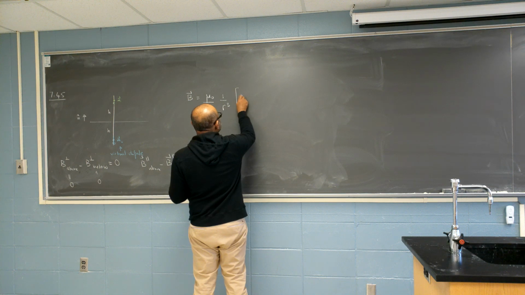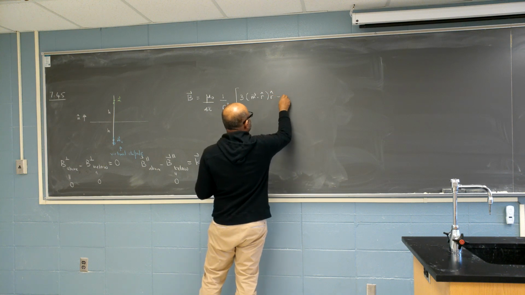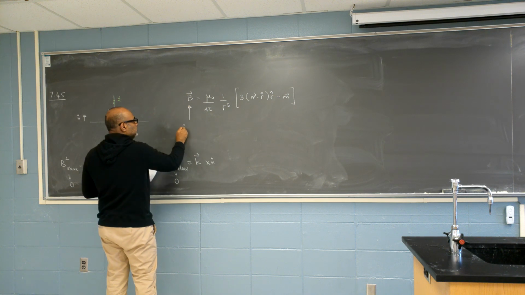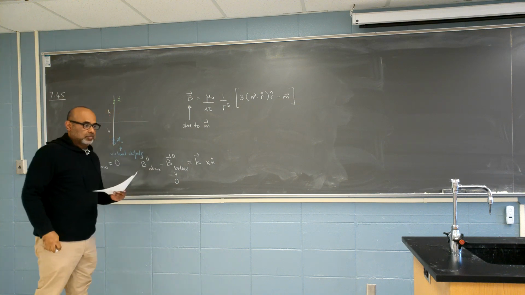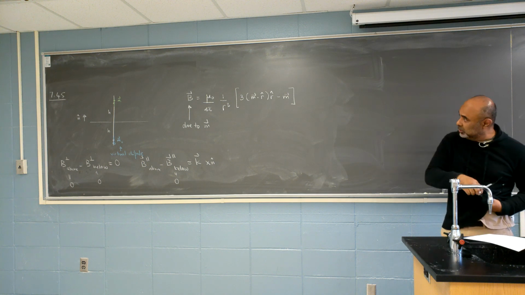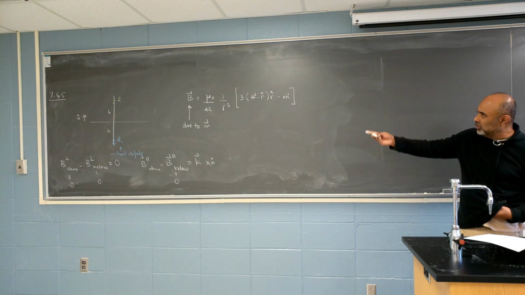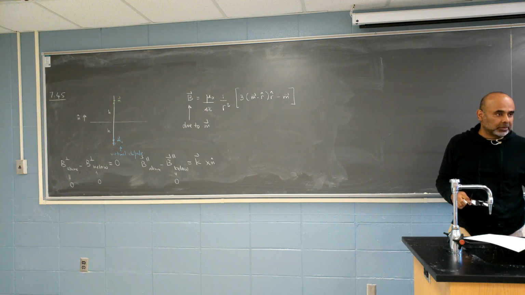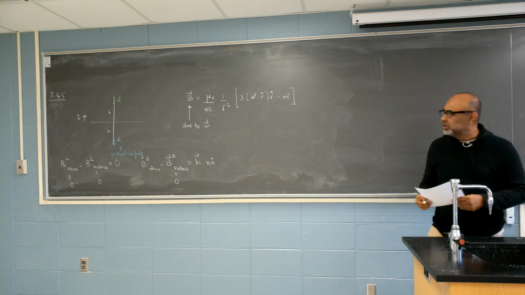And we've seen this before: 3 (M dot r hat) r hat minus M. This is B due to M. Okay? So that is just recall. We're going to use this formula to add up the two dipoles. It's as simple as that, just keeping algebra straight. We have intuitively solved the problem.